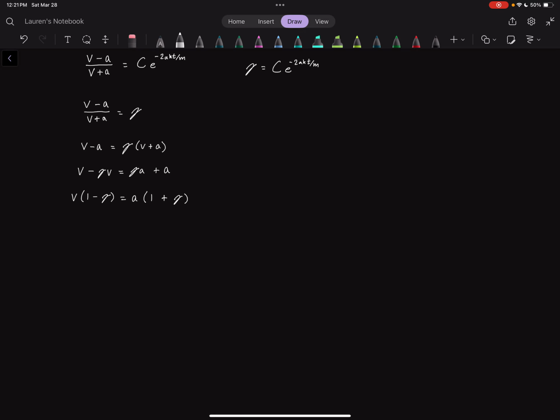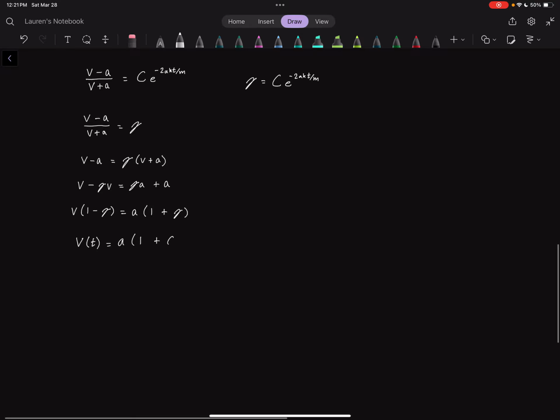And so therefore, we get v, the velocity, as a function of time, as a times 1 plus, I'm going to go ahead and plug in what this is now, c times e to the negative 2akt over m, divided by 1 minus c times e to the negative 2akt over m.